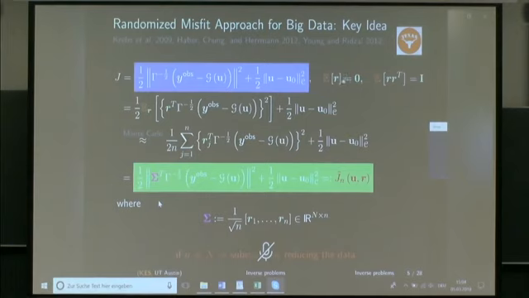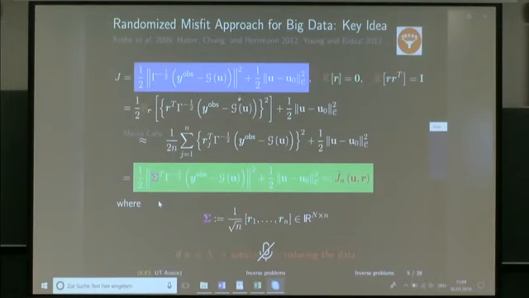Notice that we introduce r, a random vector whose mean is 0 and whose covariance is the identity. Any random vector with that property is okay. The only constraint is that the dimension of that random vector is the same as the dimension of the data, which is capital N.